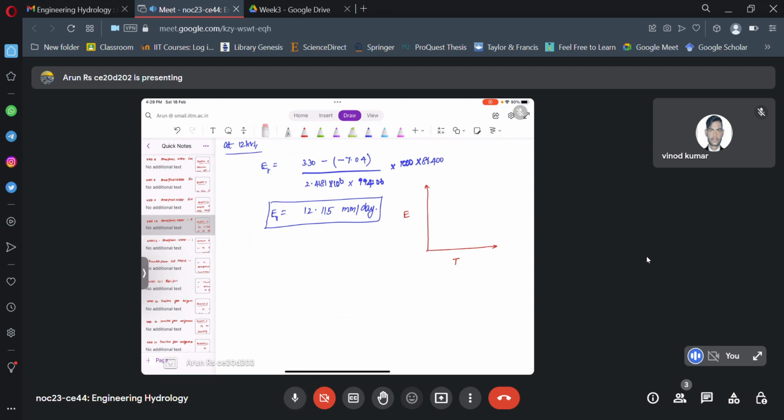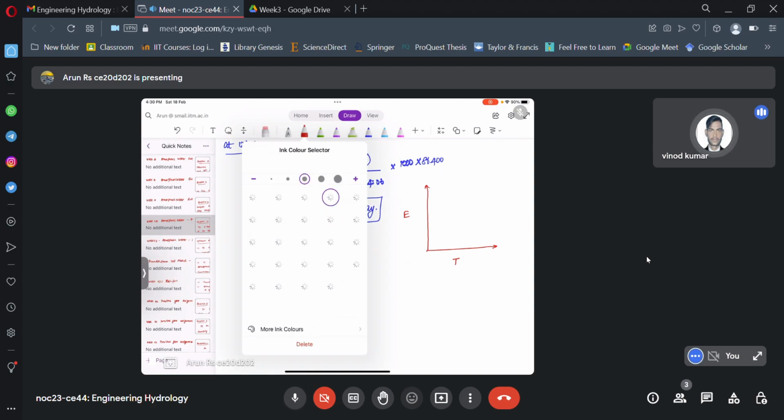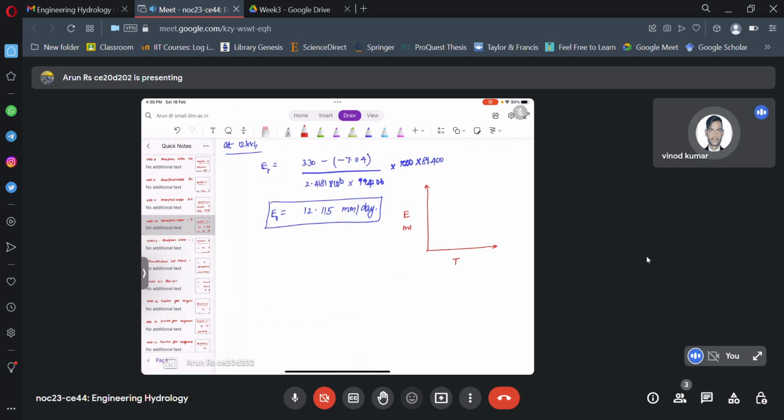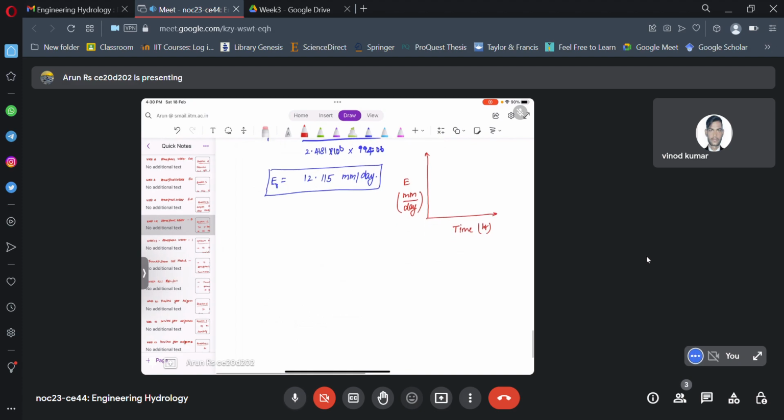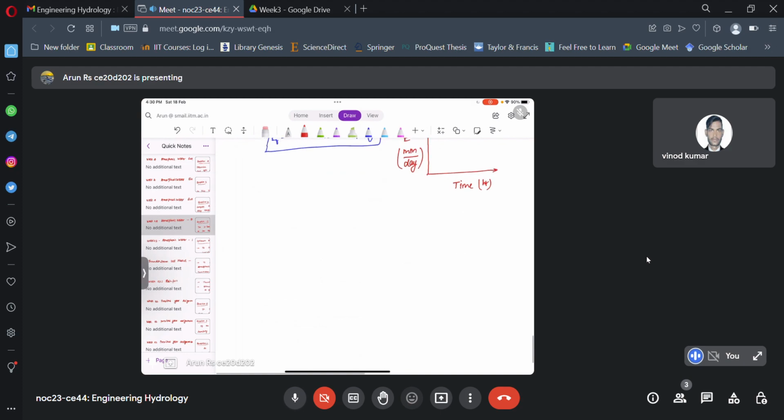So you can plot and check how it is varying. So this is not temperature, this is time in hours. So throughout the day, how your evaporation is varying by using different methods. So we can plot and see, and we can interpret some of the results.